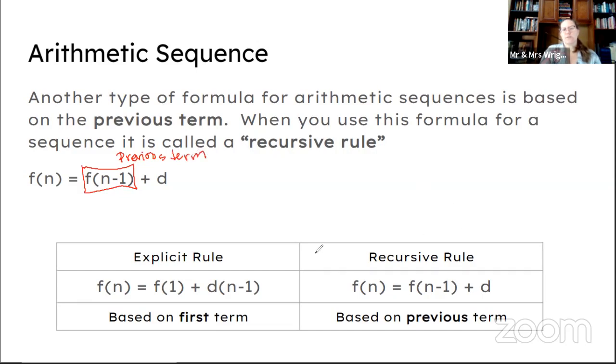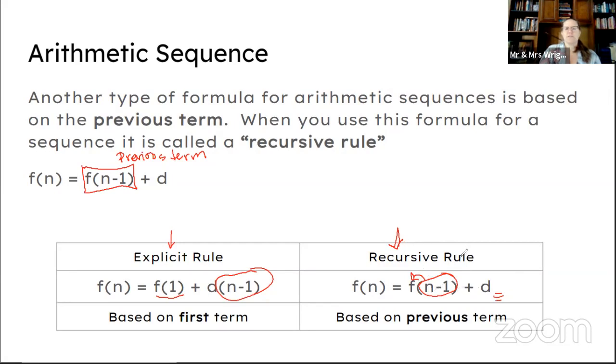So if we look at the formulas, here we have the explicit rule and the recursive rule. If you look at the formulas, the n minus 1 is being multiplied by the d in the explicit rule. And you start with the first term. If you look at the recursive rule, the n minus 1 is right next to the f, and there's nothing next to the d.